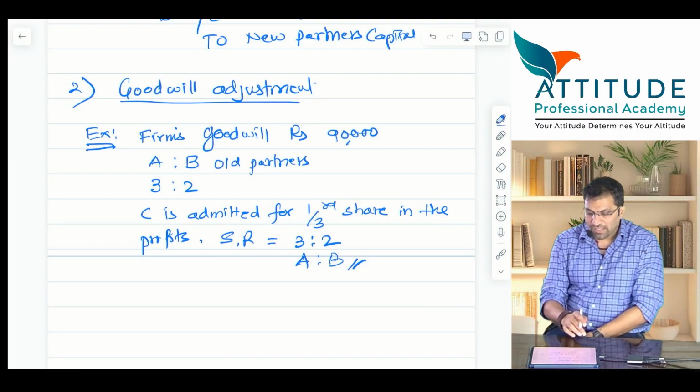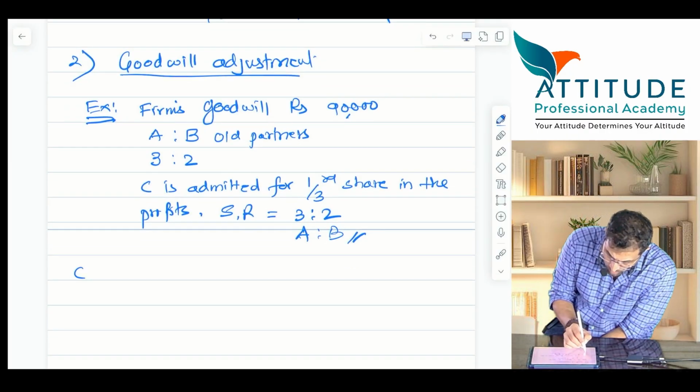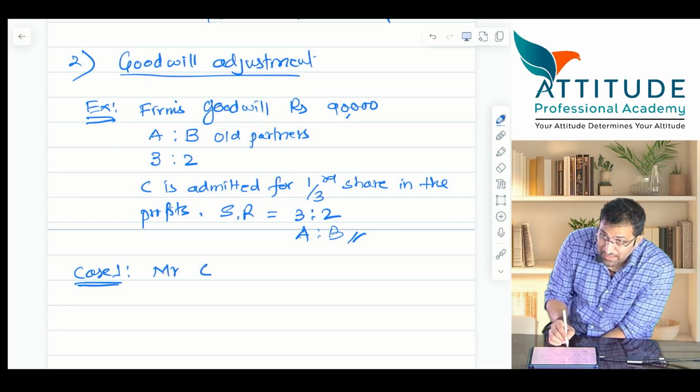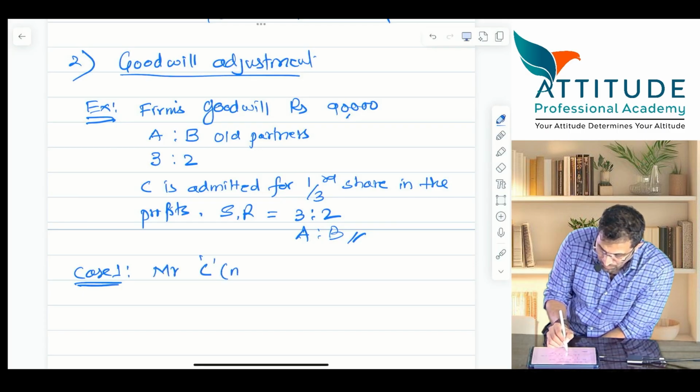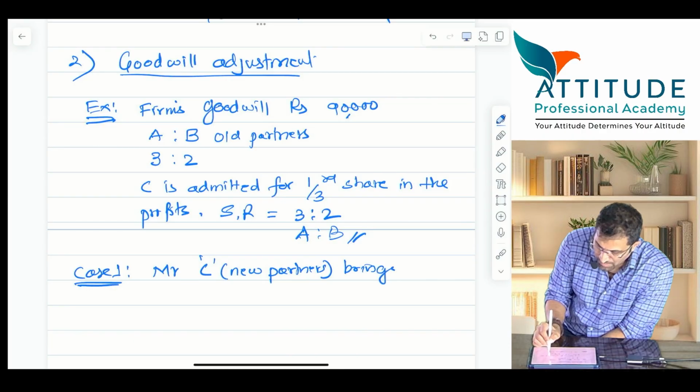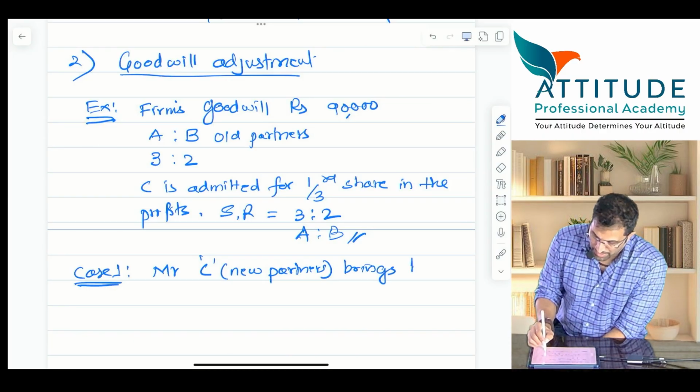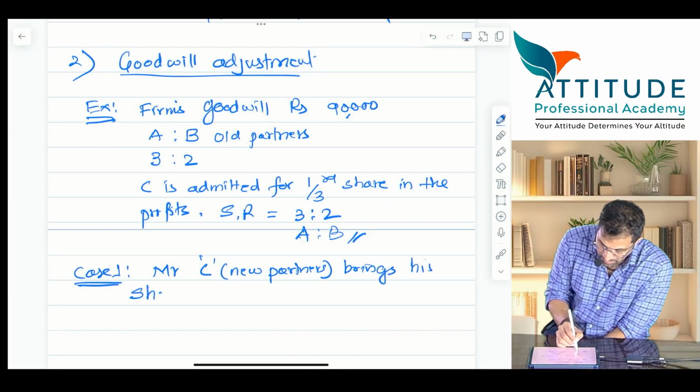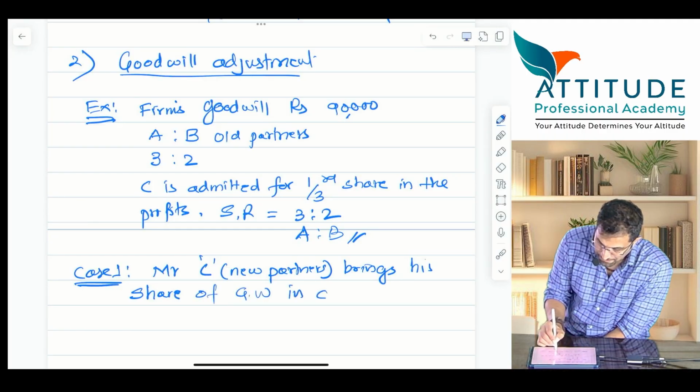Okay. Now tell me, case 1: Mr. C, the new partner, brings his share of goodwill in cash.